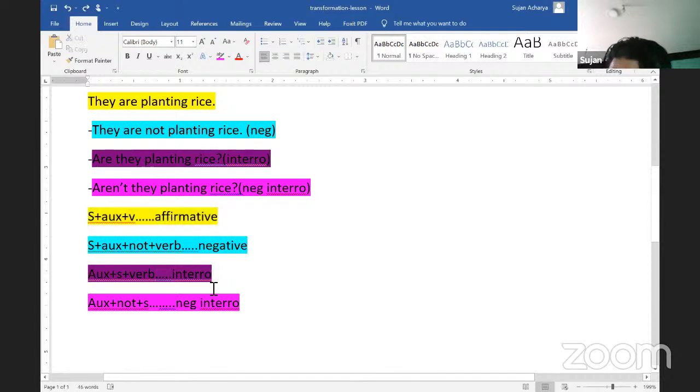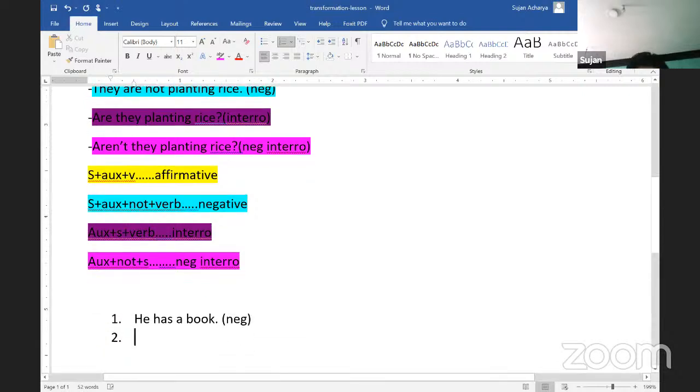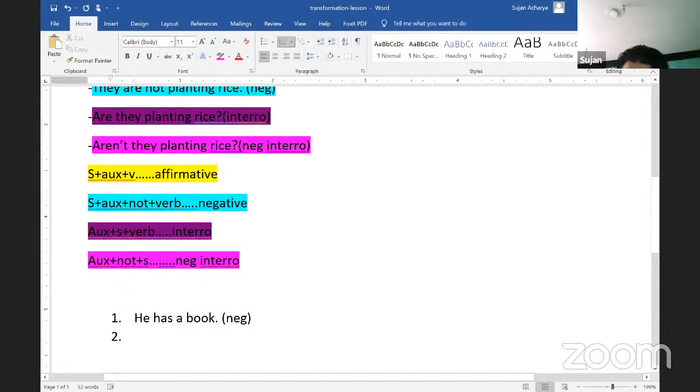But rather than going through this, let's begin the sentences. One, he has a book. Now change it into negative. Change the sentence into negative. Number two, he has a book.